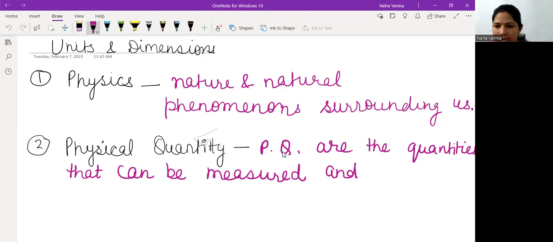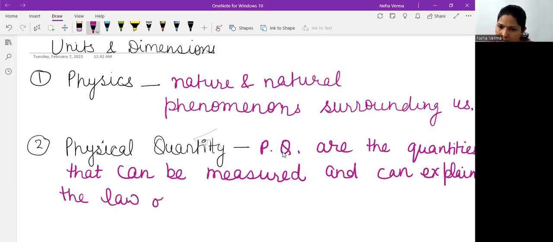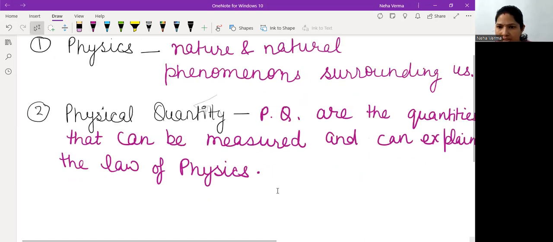Obviously a quantity should always be measured, and it can explain the law of physics. Whatever we see around us, that should be explained by these quantities. So these are called physical quantities.